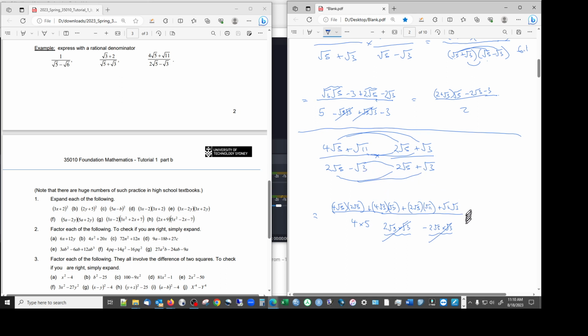And then the final one is minus root 3 times root 3, which will give us minus 3. So on the denominator, we've got 20 minus 3, which is 17. And then we've got all of that stuff on the top. Okay, so we've got 8 root 5 plus 4.